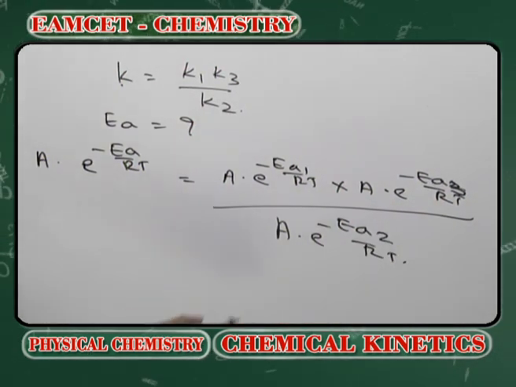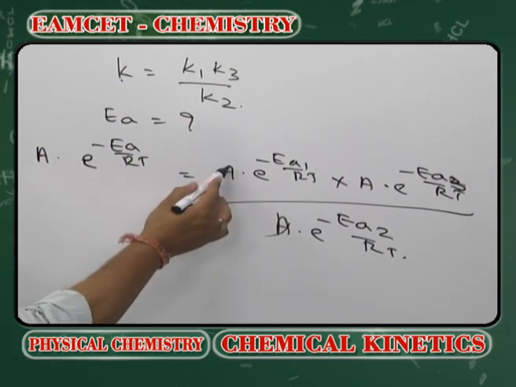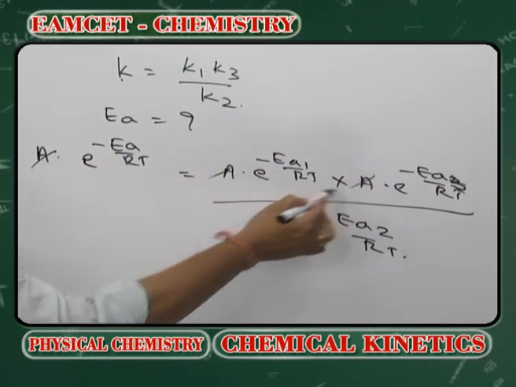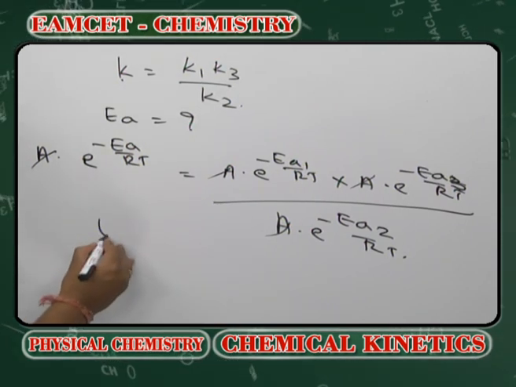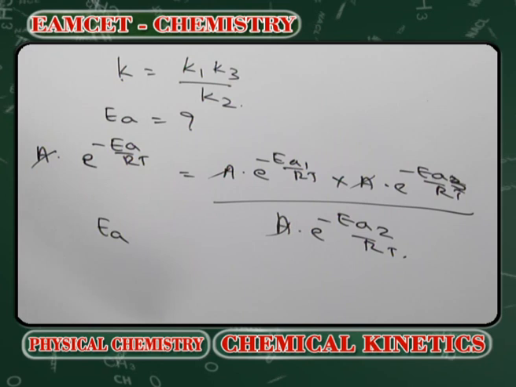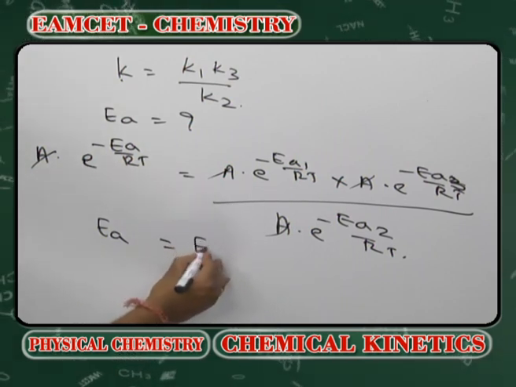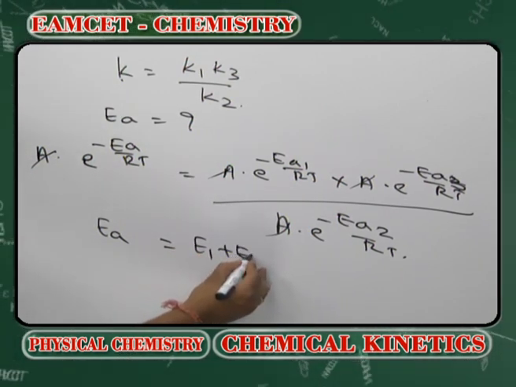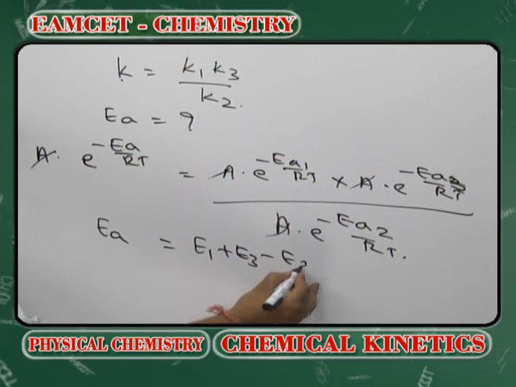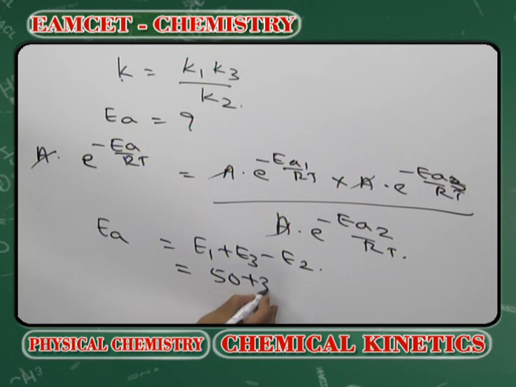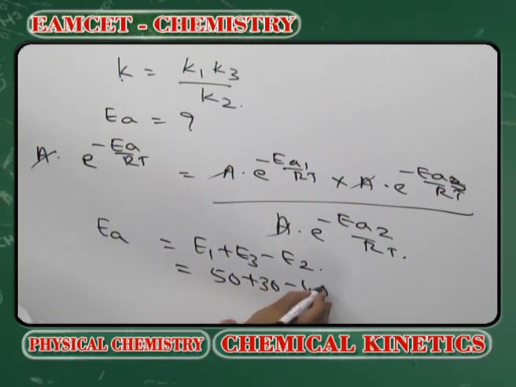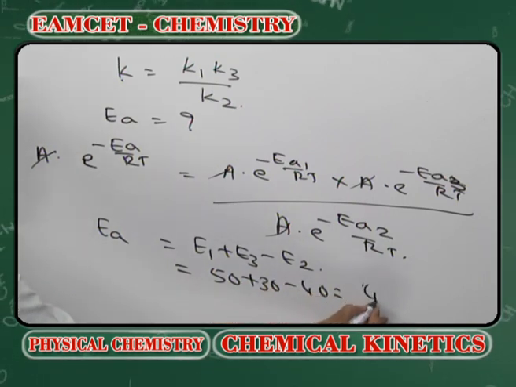So simplifying it, A gets cancelled out, and what will be the final expression? Overall activation energy EA will be equal to E1 plus E3 minus E2, 50 plus 30 minus 40, which is equal to 40.